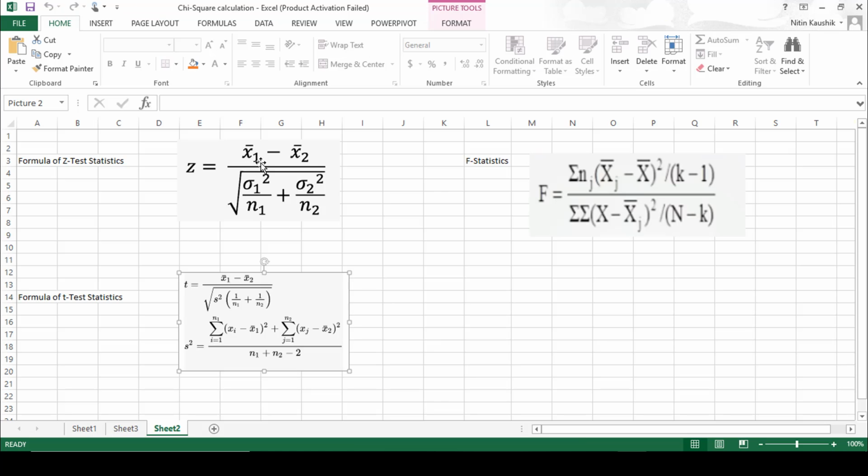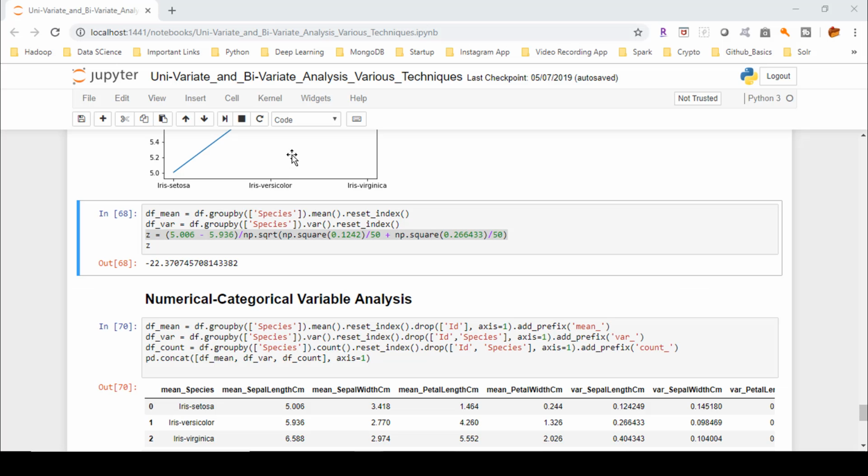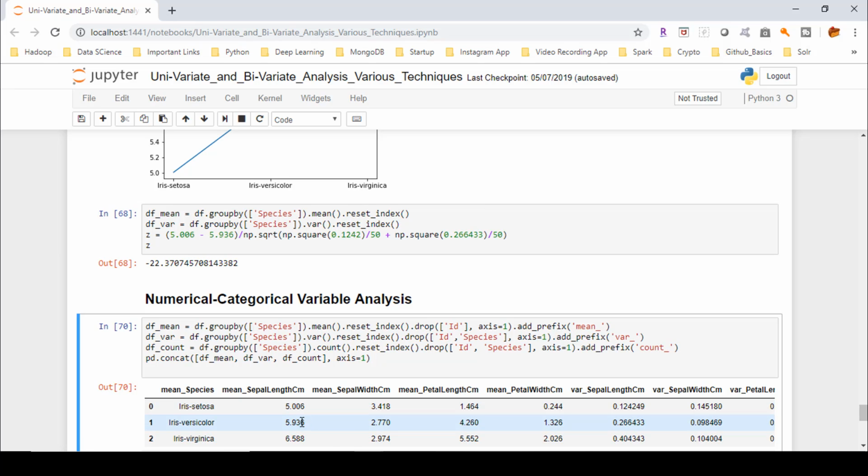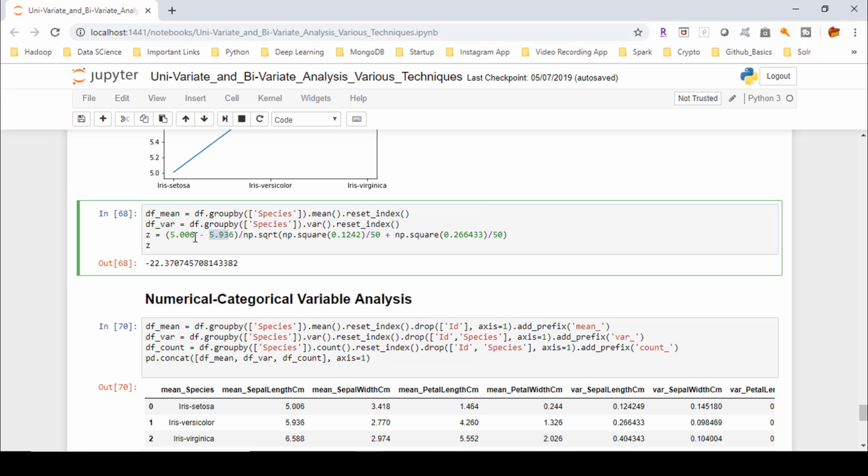This is x1 bar minus x2 bar, where x1 and x2 are the mean values for the two categories, setosa and versicolor. For setosa the sepal length value is 5.006, and for versicolor it is 5.936, so that's why I have included it here.